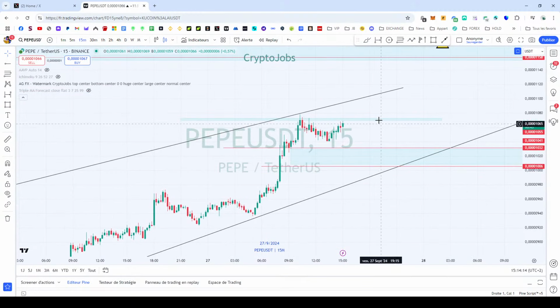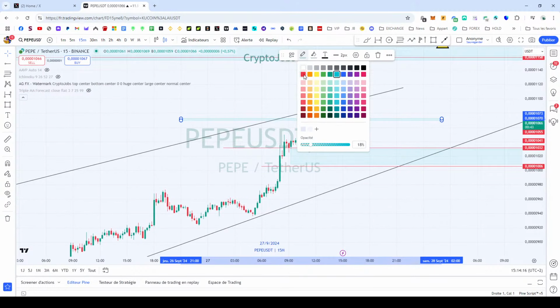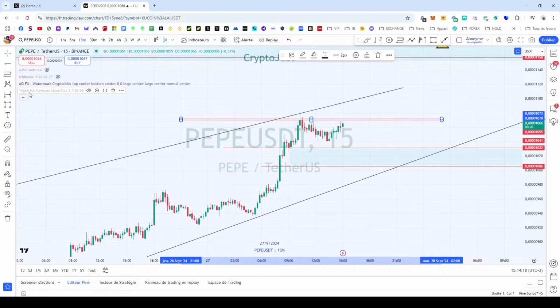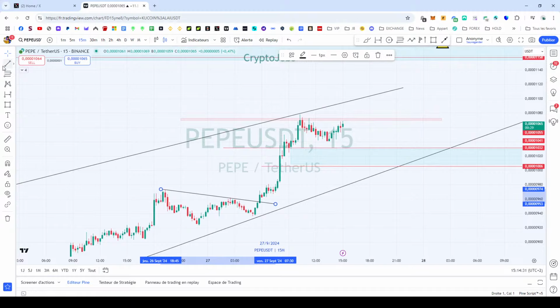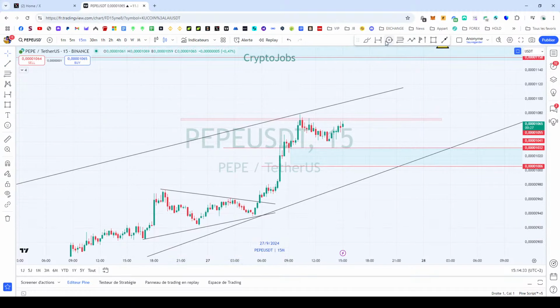So don't chase a move in the middle of a trend. If you want to win and increase your win rate, you should not chase after such a big pump. You should rather move on to other altcoins that are at the bottom of a trend with, for example, a bullish pattern here.